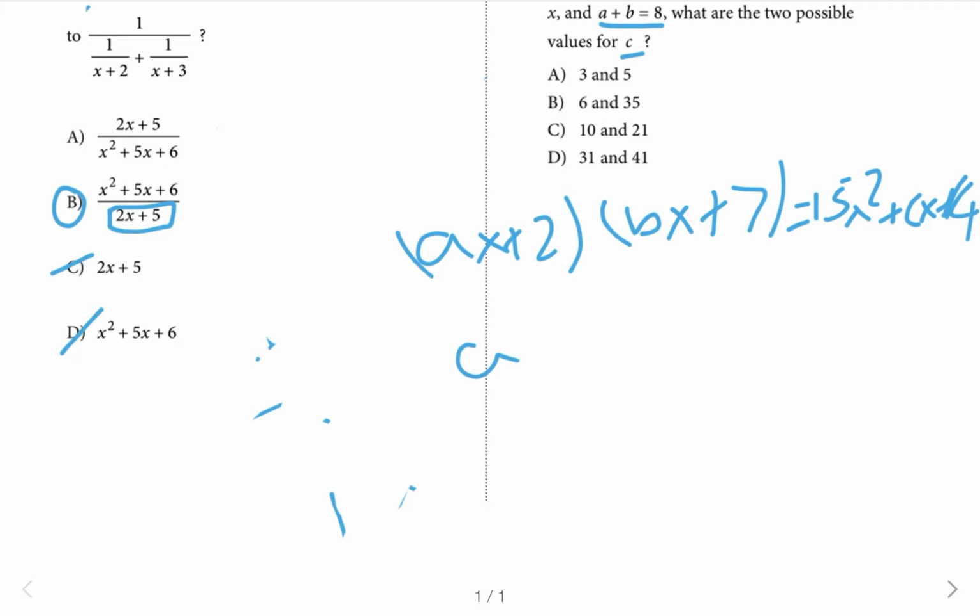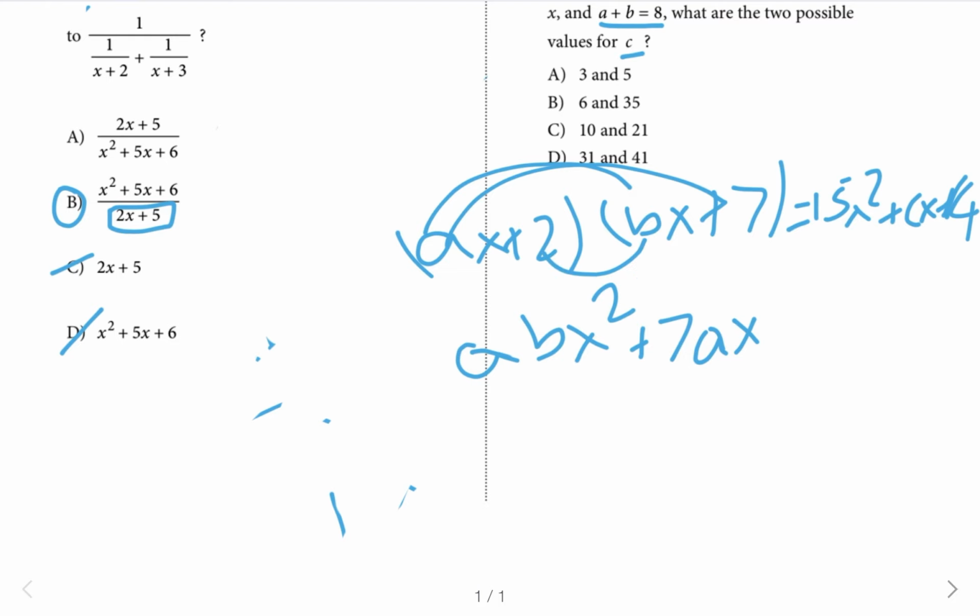So we get abx squared, right? Now we do the FOIL method: abx squared plus 7ax plus 2bx plus 14.